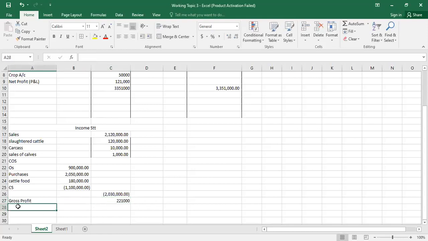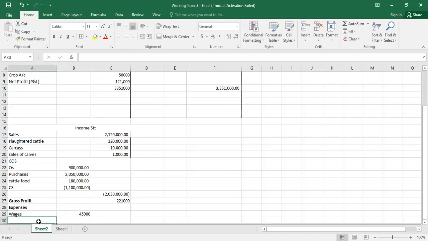Then we less our expenses. So the expense items, give me the expense item. Wages. What's the value for wages? 45,000.